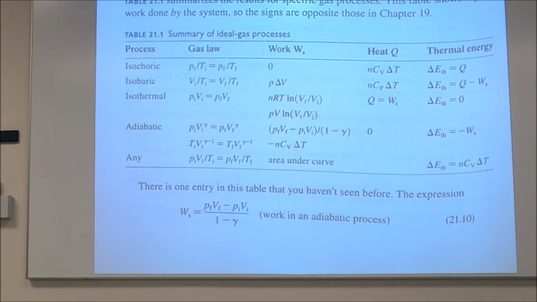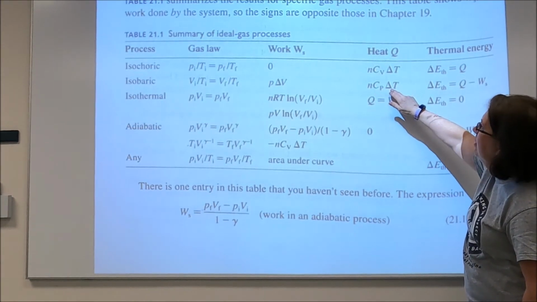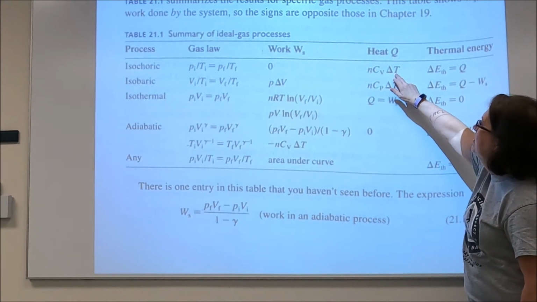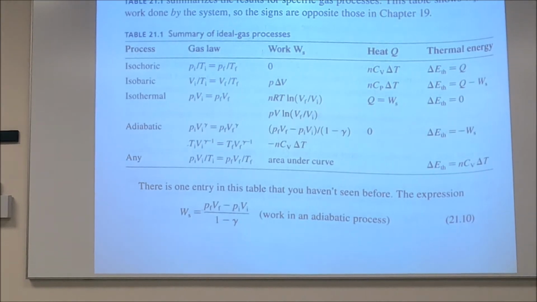Now, if we look at our processes A, B, and C, the change in thermal energy is going to equal Q. The pressure went up, so heat energy had to flow in, because Q equals n C sub V delta T. The pressure went up, so the temperature is going to go up.